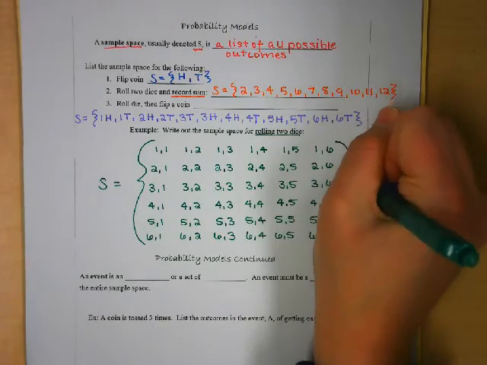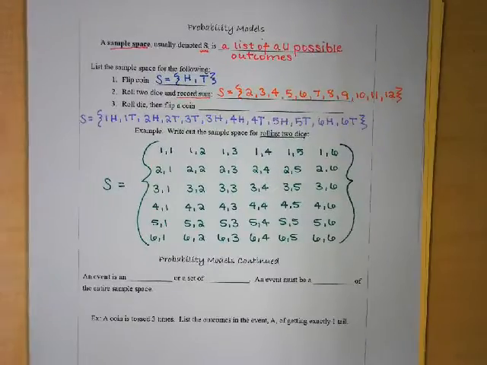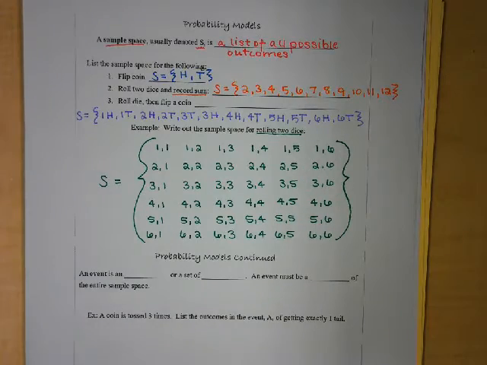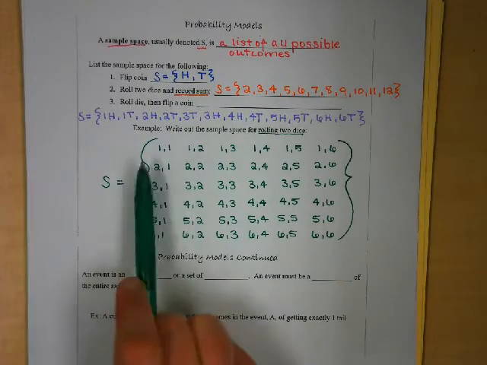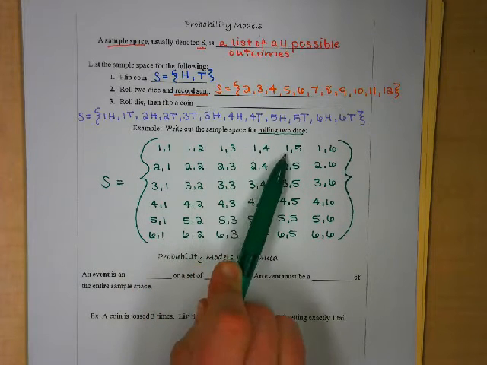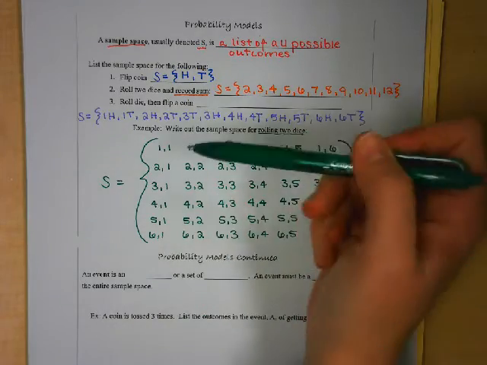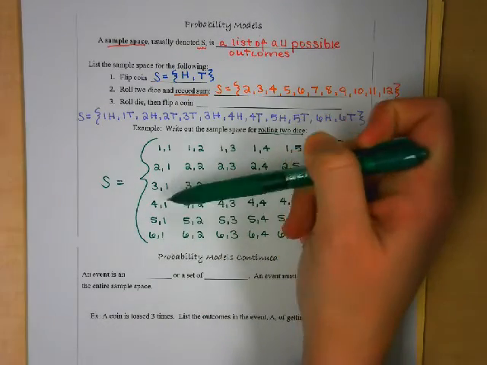I can't make these squiggly brackets as well for the right hand side. That one was actually pretty good. Proud of myself. So, like I said, across, I have 1 for the first die, so that's all the different ways that I could get 1 on the first die. Going down would be the opposite.